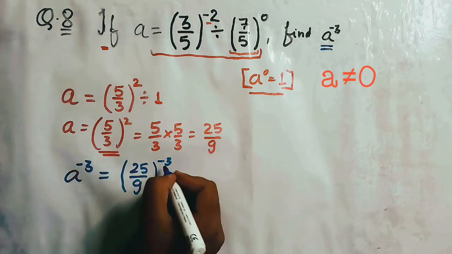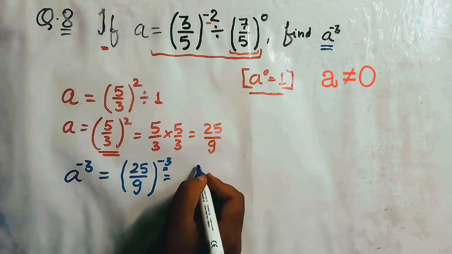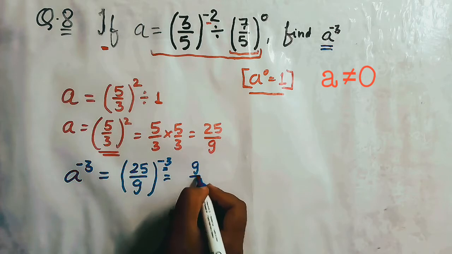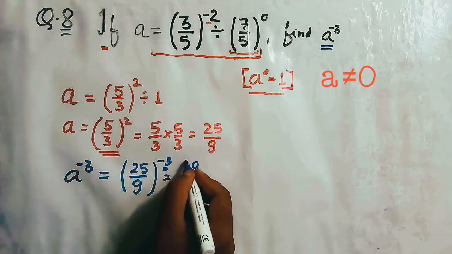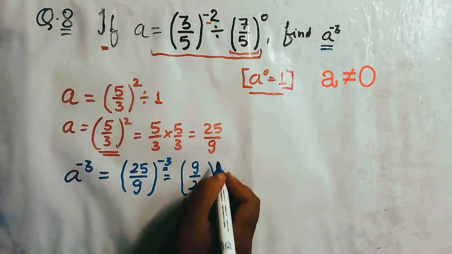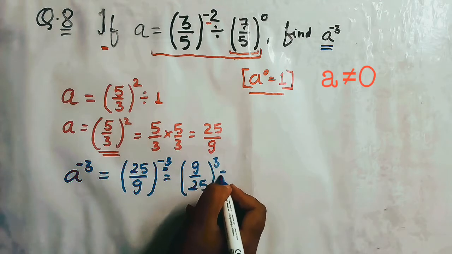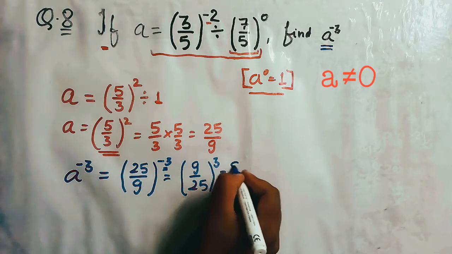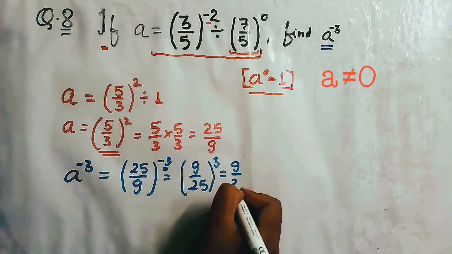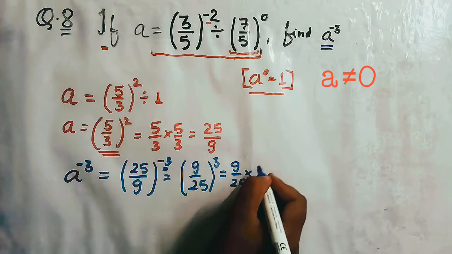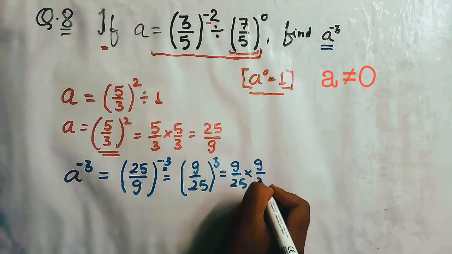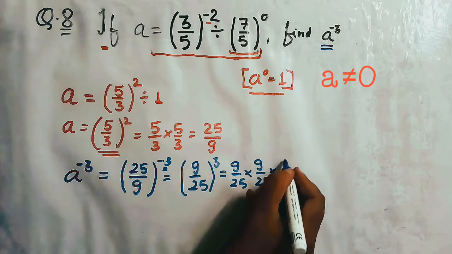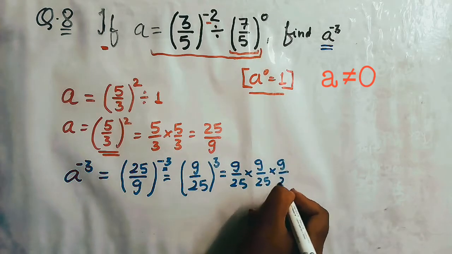Now to make the power positive, take the reciprocal first of all, and it will become 9 upon 25 raised to power 3. So multiply it 3 times: 9 upon 25 multiplied by 9 upon 25 multiplied by 9 upon 25.